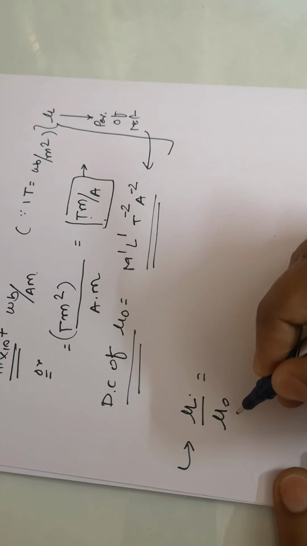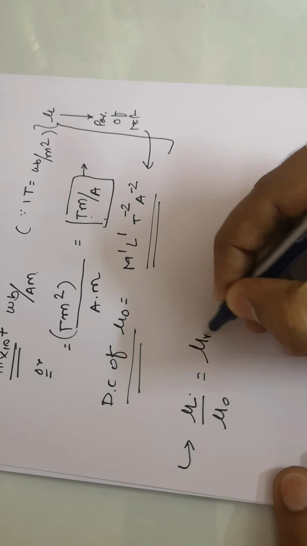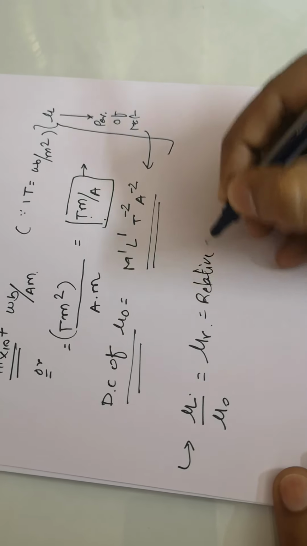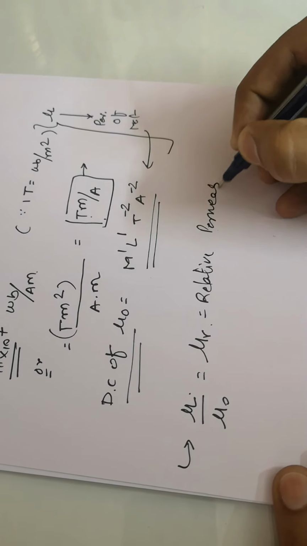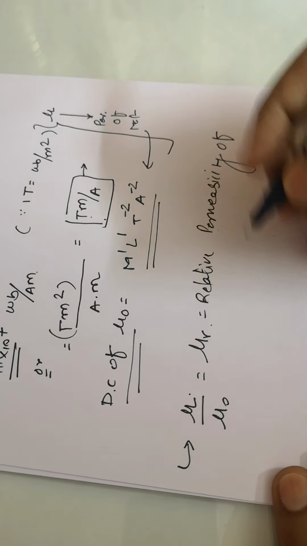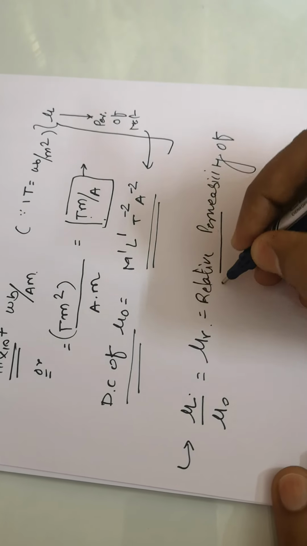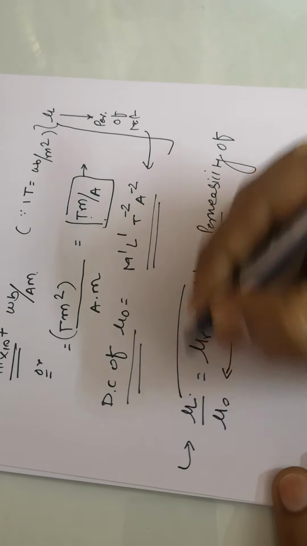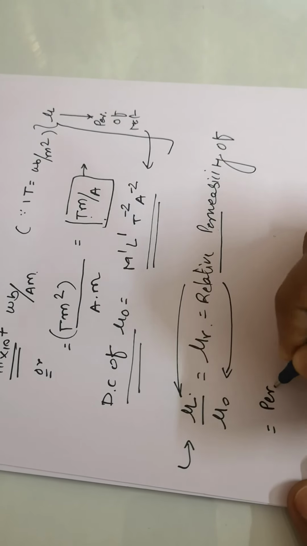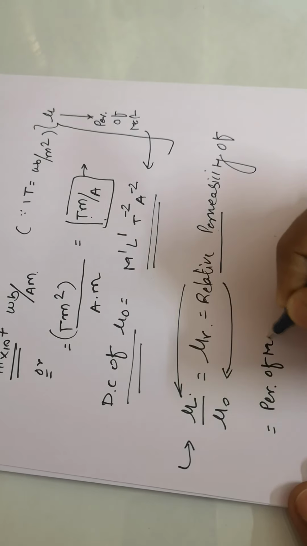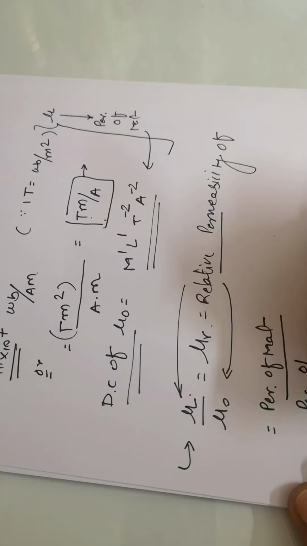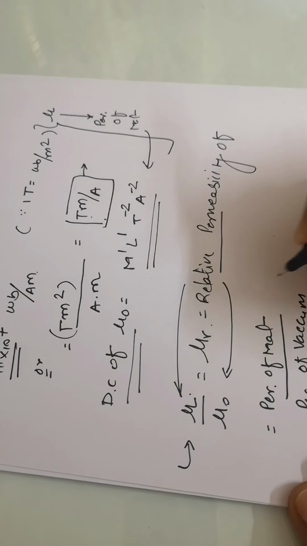Next thing we are aware about is a relationship. It is called as a ratio of two quantities. It is called as relative permeability of magnetic quantities. So mu is called as permeability of material, and mu 0 is called as permeability of vacuum.